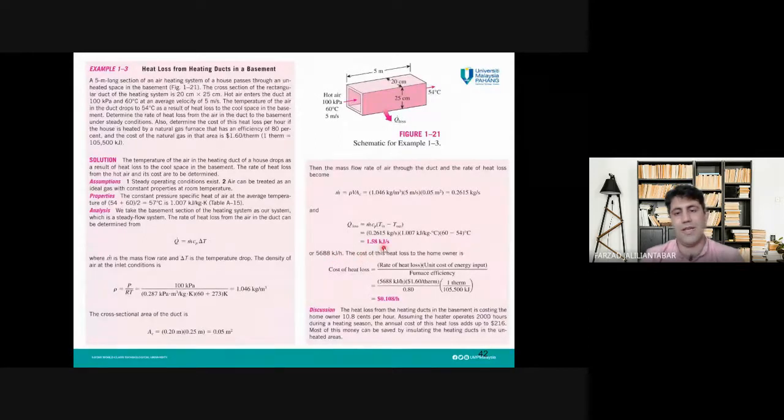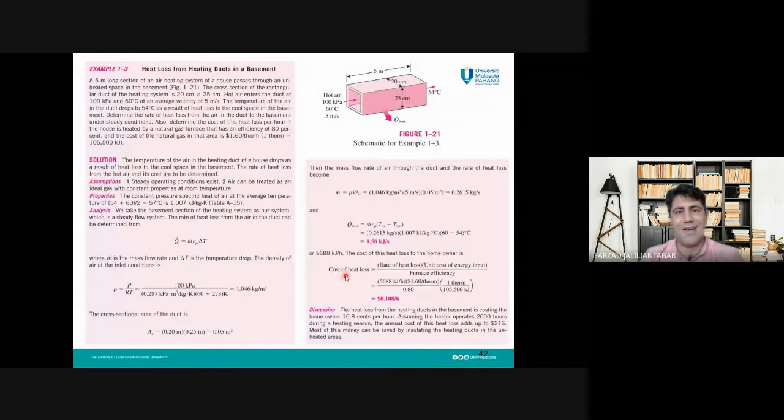Simply, you know that each hour is 86,400, if I'm not mistaken, seconds. So you need to convert kilojoule per second to kilojoule per hour. So now we have the rate of heat loss in kilojoule per hour. Why do we need this? Because if you notice here, the price is defined based on therm, and therm is defined based on kilojoule.